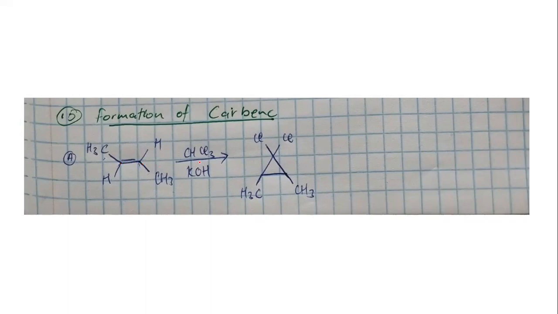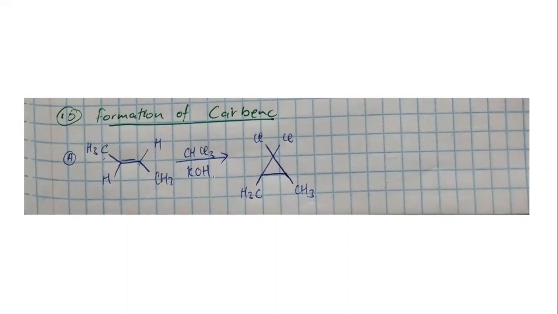And therefore, CCl3 with some mechanism will be attached. This carbon will come over here with Cl3, right? Will come over here, this carbon atom. And therefore, like I said, the double bond will break, and then we're going to have a single bond. This is where the single bond is actually located. But the rearrangement of this is a little bit different.